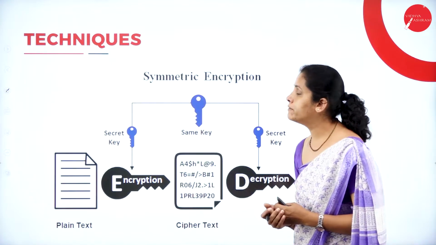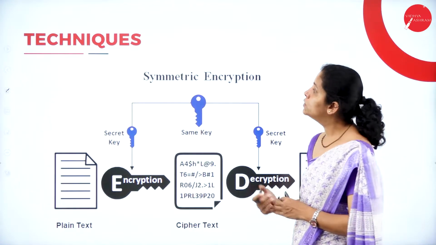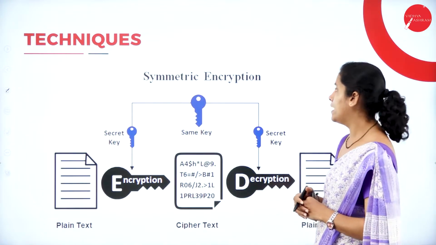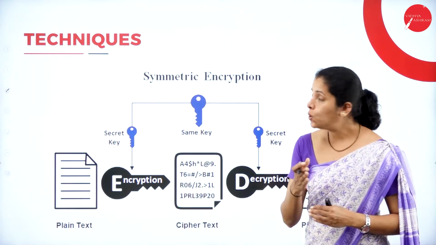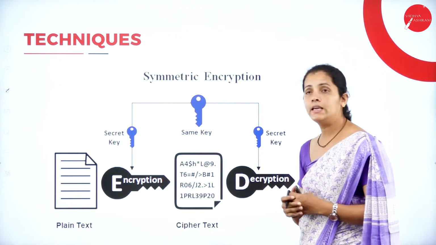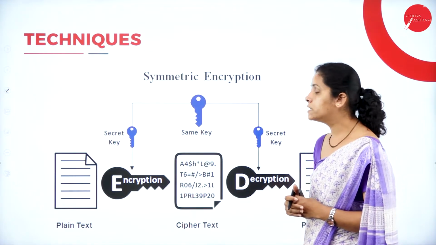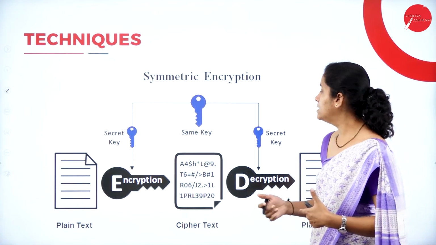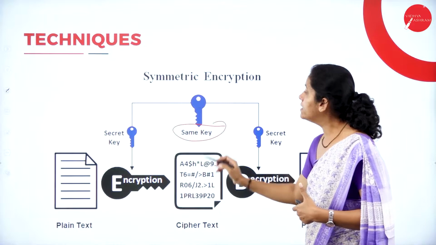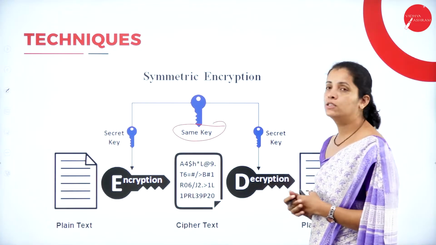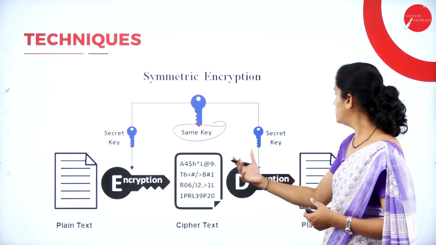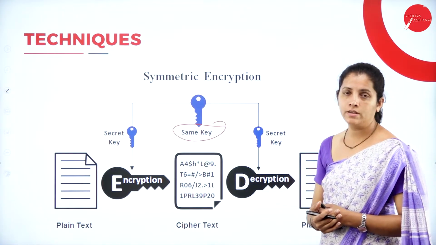Now, I'm going to have a small example to illustrate the concept of symmetric key encryption. As I told, it is symmetric key encryption or secret key encryption. And what kind of key? That is the private key. That means the same key is used by both parties, that is the sender as well as the receiver.